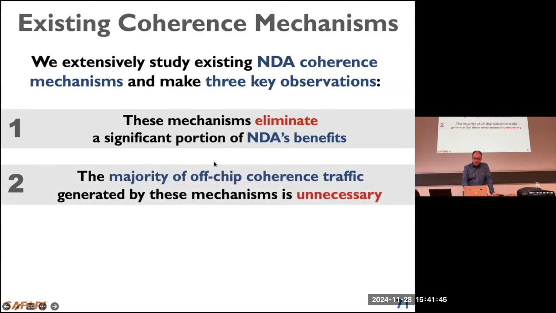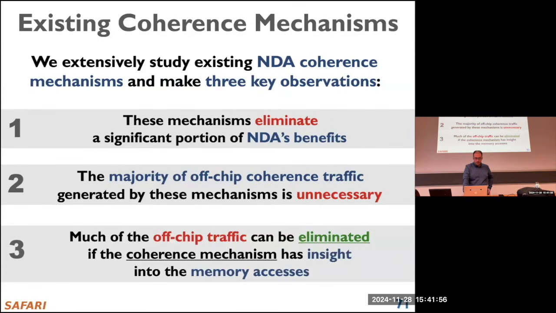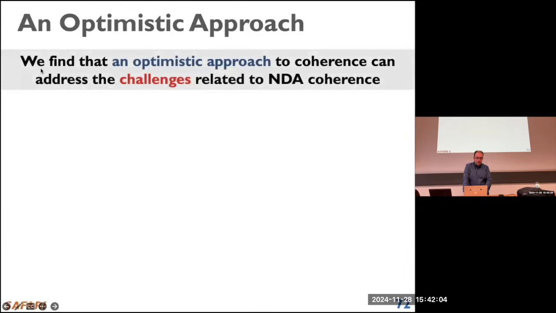So the majority of off-chip coherence traffic generated by these mechanisms is unnecessary. That's actually one of the key observations. Which is good. You don't need to send a lot of coherence traffic if you do it intelligently. And much of the off-chip traffic can be eliminated if the coherence mechanism has insight into the memory accesses. So we use an optimistic approach, which I guess you are aware of this terminology. You say that everything should be okay.